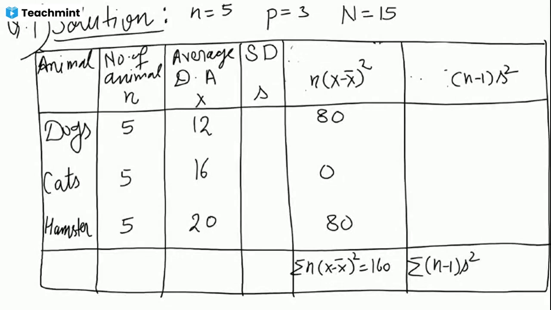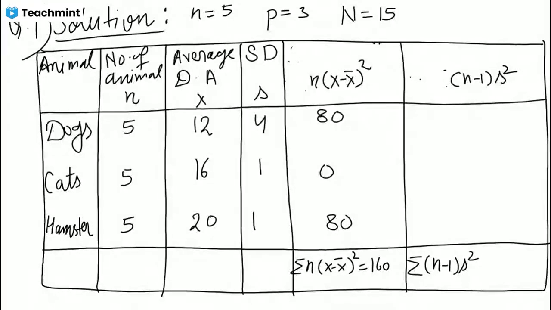So n minus 1 is 4 into s square. S we have, first value is 4. This is 1 and this is 16. So s square is for this 16. 16 into 4 because n minus 1 is 4. Okay. So this is 64. Got it?